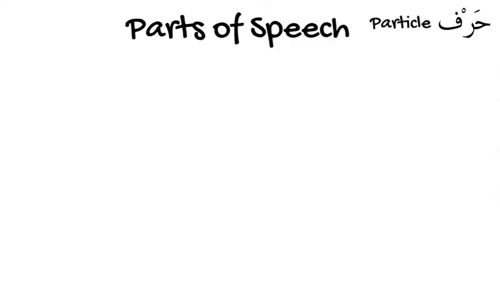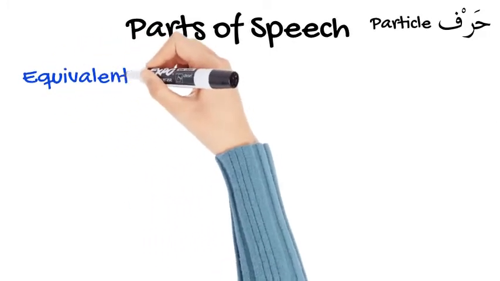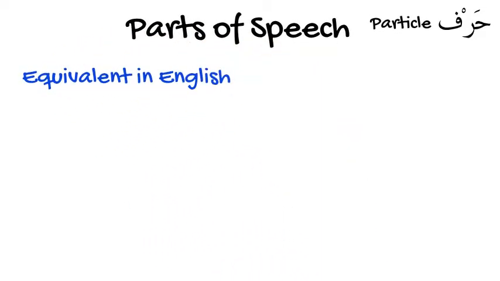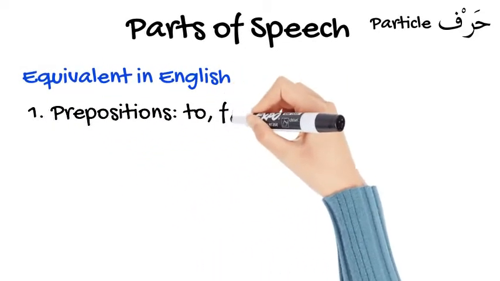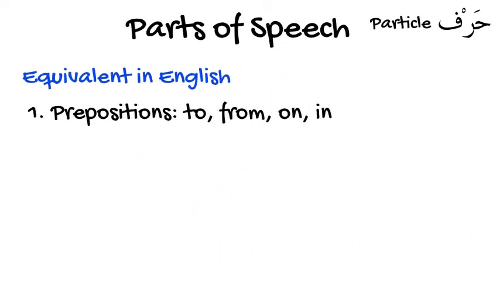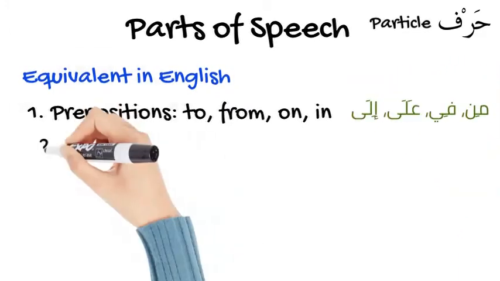So just to make this easier to understand, harf or particle in Arabic is a broad word for several equivalents in English. That would include, for example, prepositions such as to, from, on, in, and that in Arabic would be roughly min, fi, ala, ila.